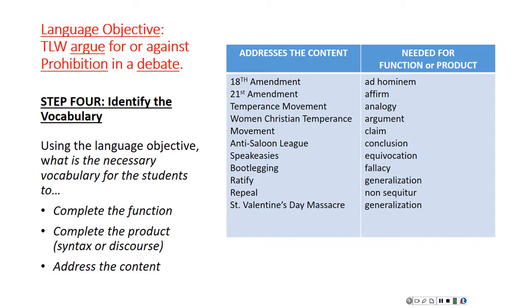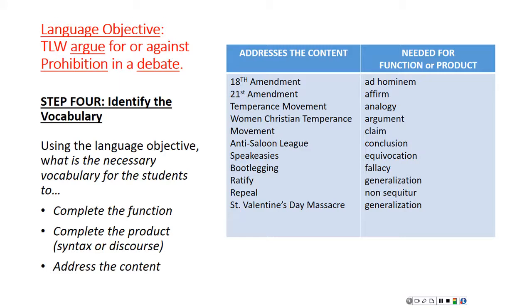Step 4 is identifying the vocabulary. I have students work on the vocabulary last, because people want to talk about 2 types of vocabulary. I don't call them the same thing as everybody else. I talk about vocabulary that addresses the content. So if I'm teaching about prohibition, we're going to have to know about the 18th Amendment, the 21st Amendment, the temperance movement, speakeasies, bootlegging. There's a lot. Maybe not in one lesson, but it's part of the greater conversation.